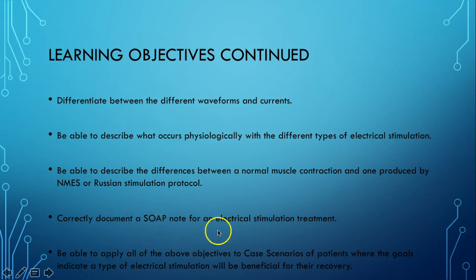Be able to apply all the above objectives to case scenarios of patients where the goals indicate a type of electrical stim will be beneficial for their recovery. So it's a lot of objectives, but this is basically going to cover 3 or 4 units in a couple weeks in the lab.